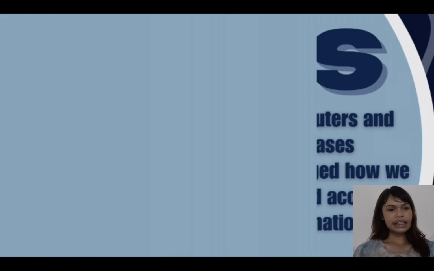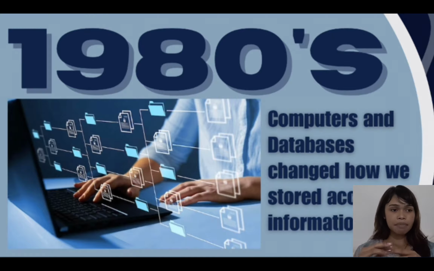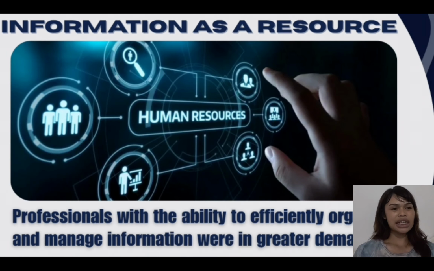In the 1980s, computers and electronic databases changed how we stored and accessed information. Organizations began managing information as a resource, a tool that you can use to help you understand a situation. It means that information is treated as something valuable that can be used to achieve goals like money, time, or even materials.